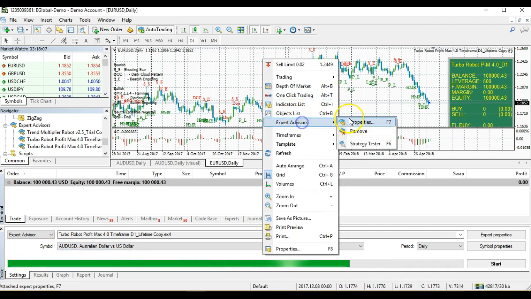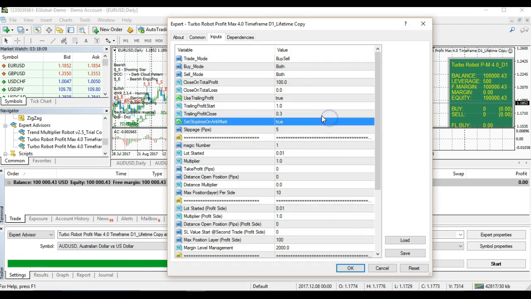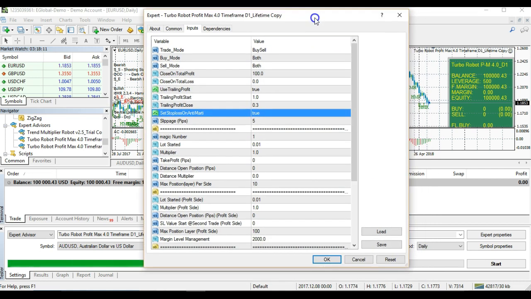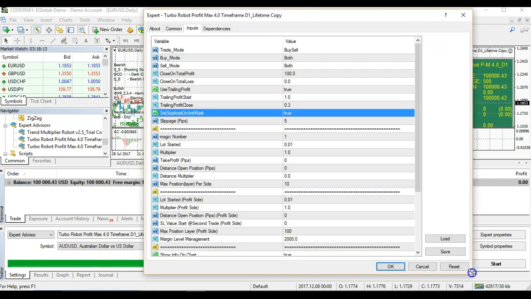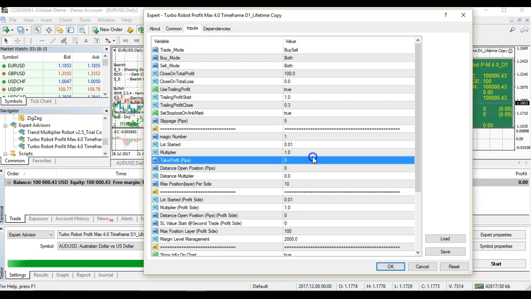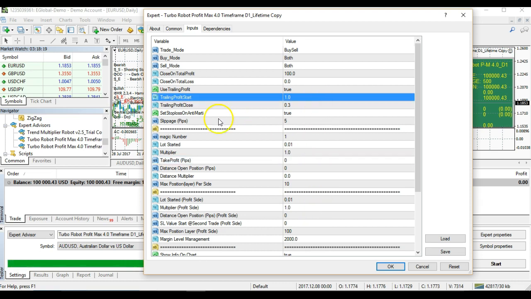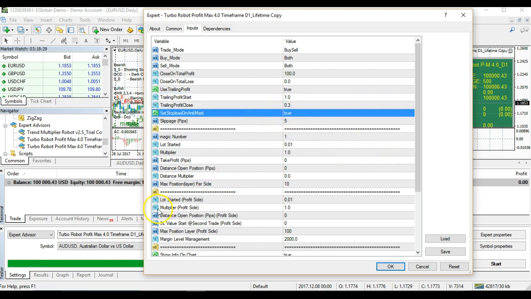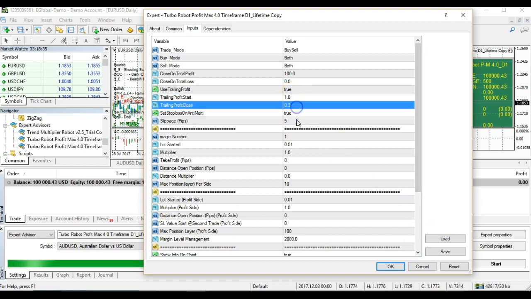Next thing I'm going to explain to you is more about the profit trailing. Either you use your take profit here, or you can use your profit trailing. These two portions belong to this area. This is the martingale portion, and this portion here is anti-martingale.